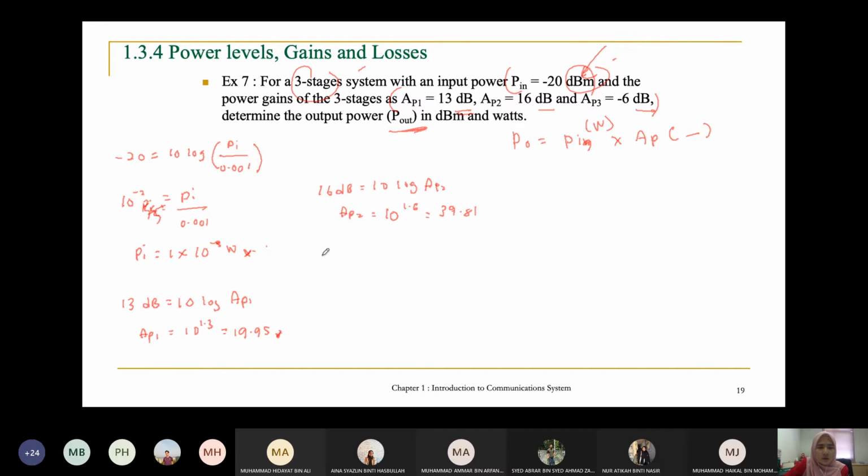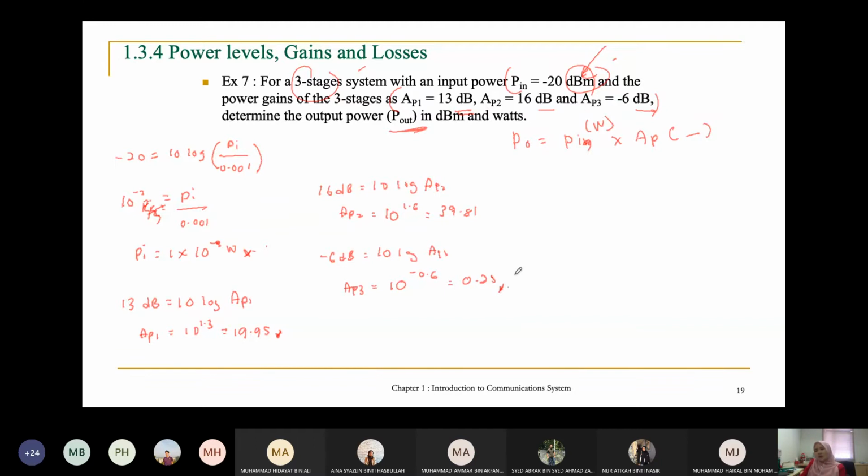And the last one, negative 6 dB is equals to 10 log AP3. So AP3 is equals to 10 to the power of negative 0.6. So you will get 0.25.